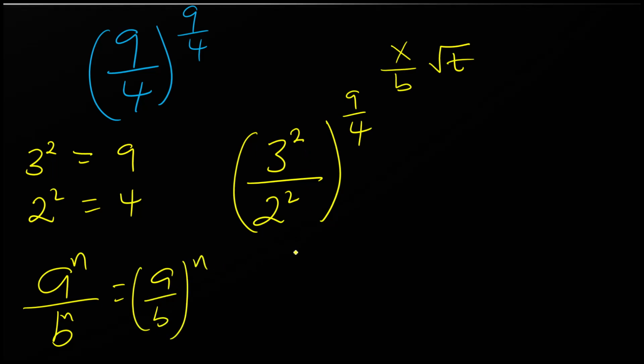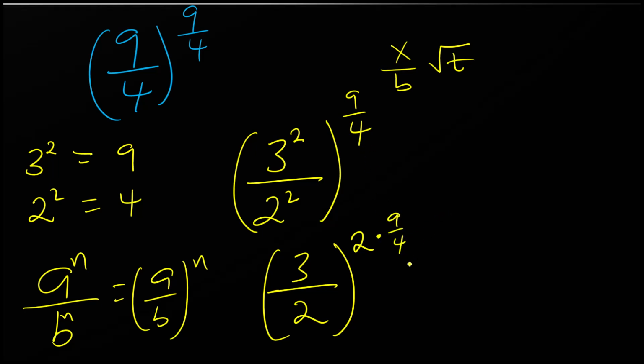So we can say that (3/2) all squared. So we've taken the squared out. But don't forget we have 9/4 over there, so we multiply.